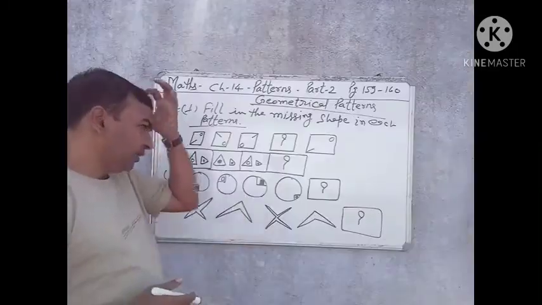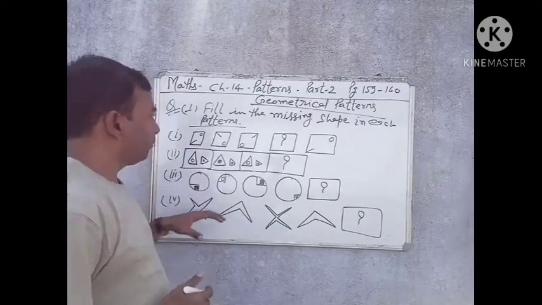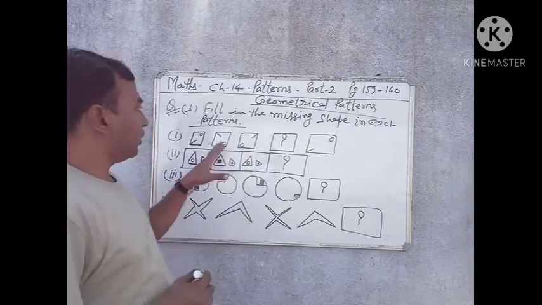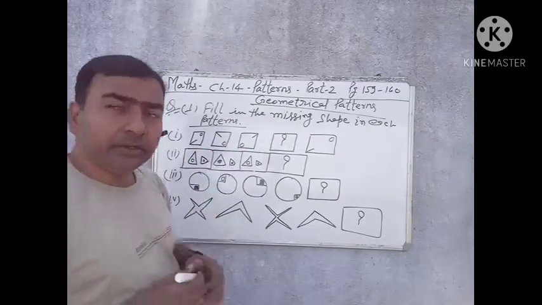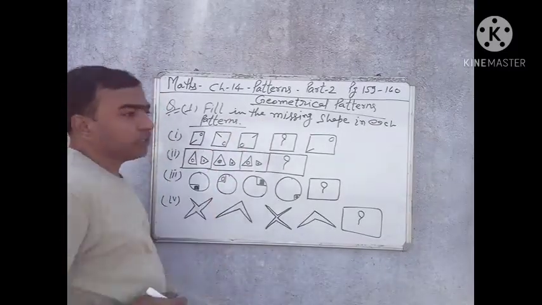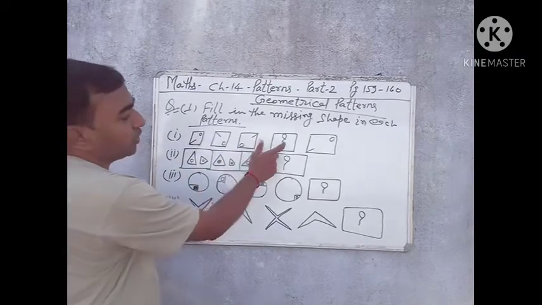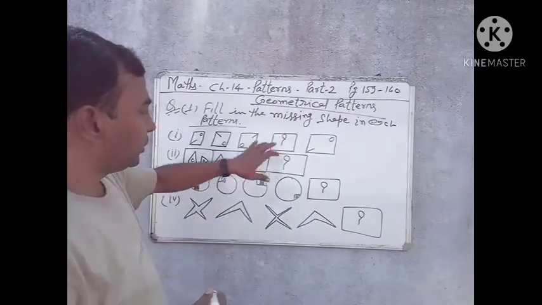You can see that I have drawn 4 questions of this fill in the missing shape in each pattern. Okay, so start with the first question. Question number 1: you can see 1, 2, 3, and we will fill this fourth box.